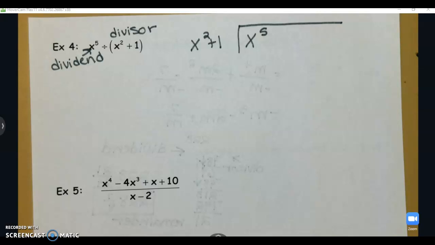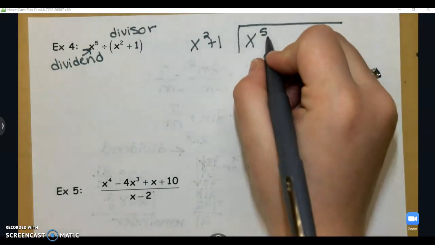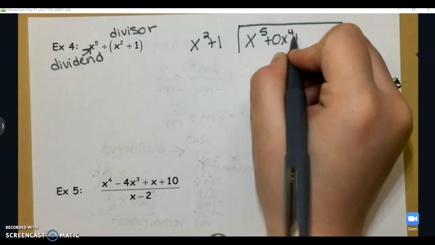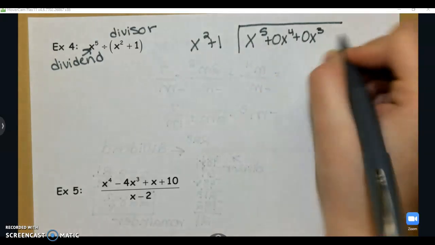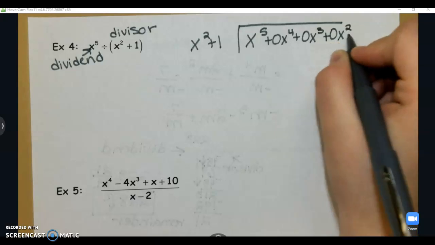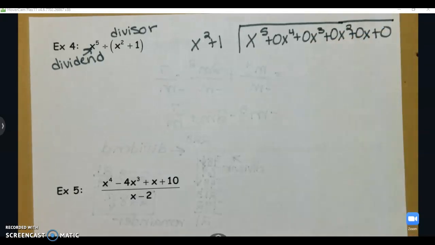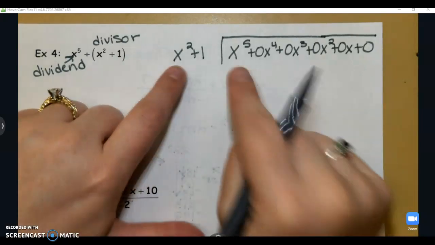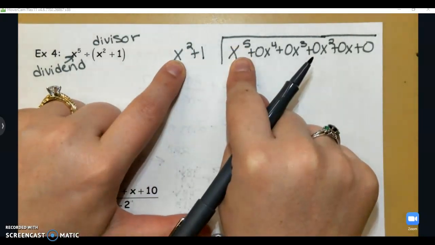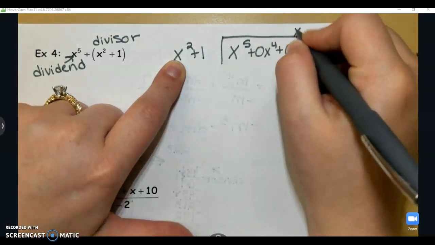Now again, we need placeholders for all of those other things. So 0x to the 4th, 0x cubed, 0x squared, 0x, and 0, because it has no other powers in it. Okay. So x to the 5th and x squared. I need to multiply that by x cubed.